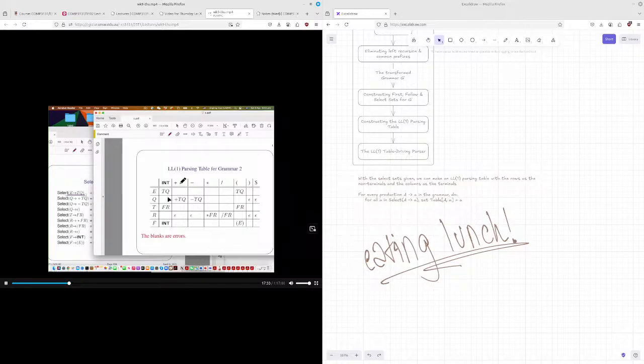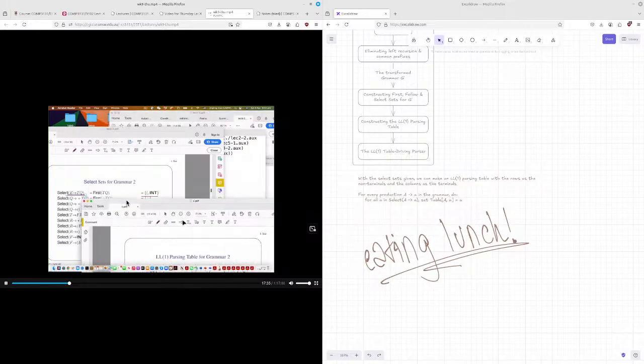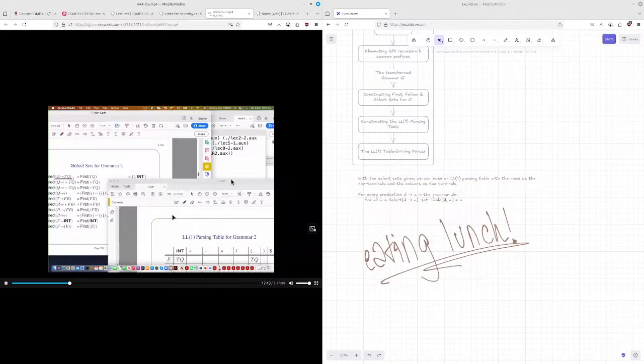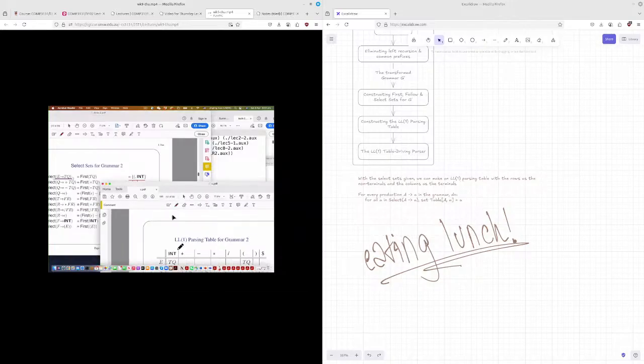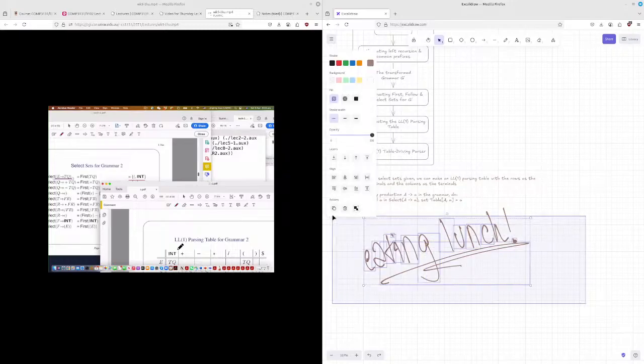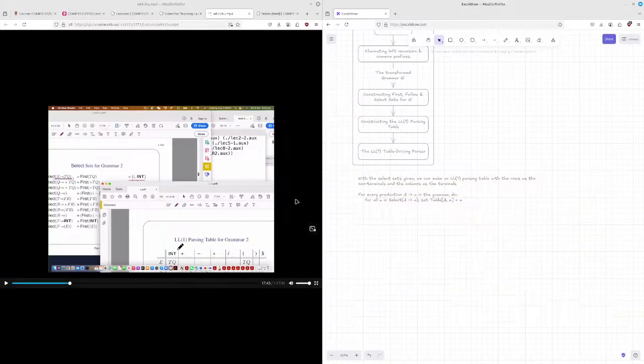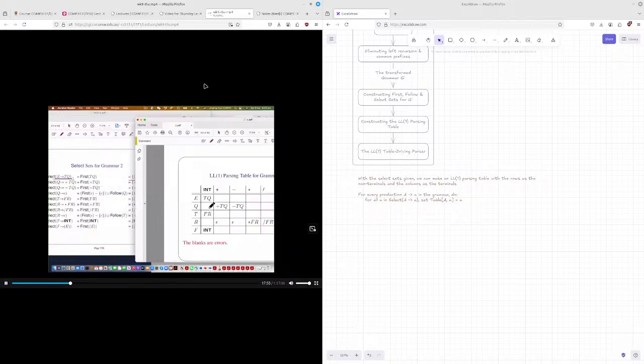Then you just go to the table and find the corresponding columns. One is int, the other is the left parenthesis. Then you just enter the production.